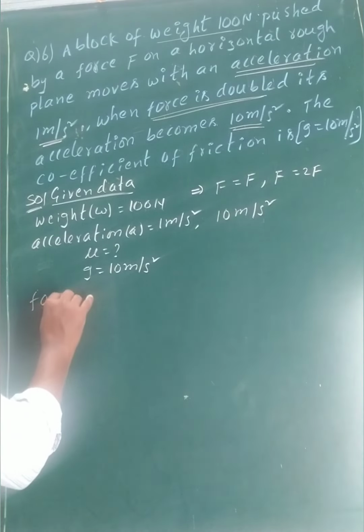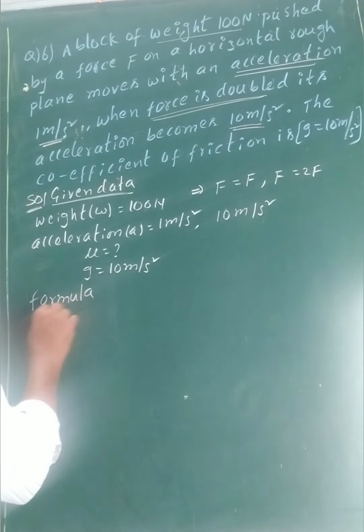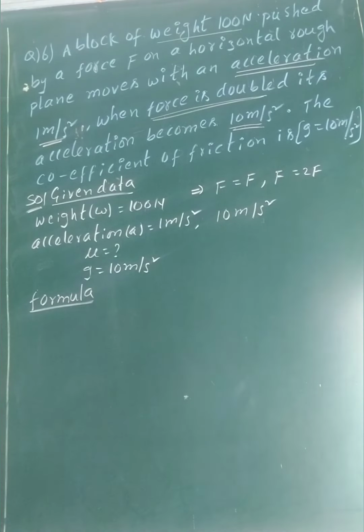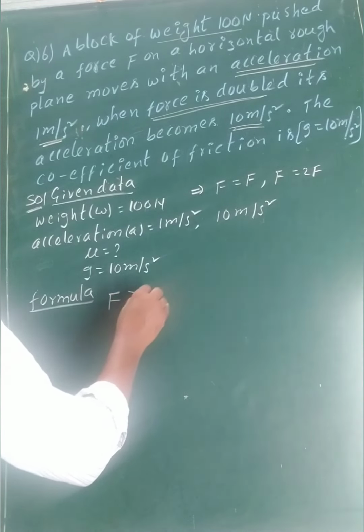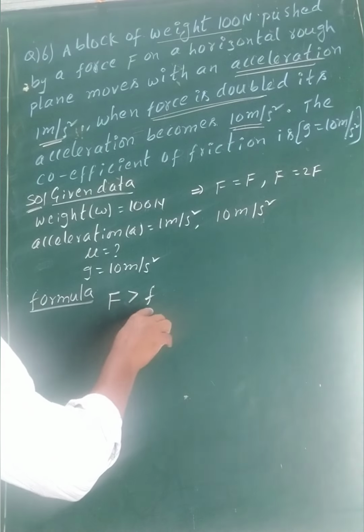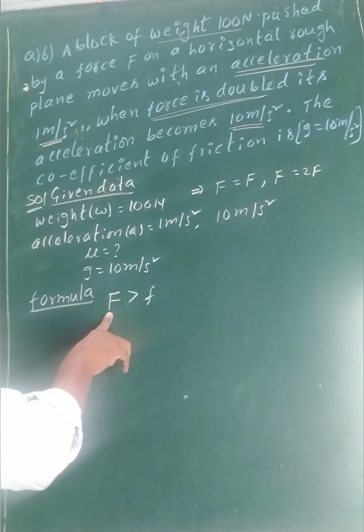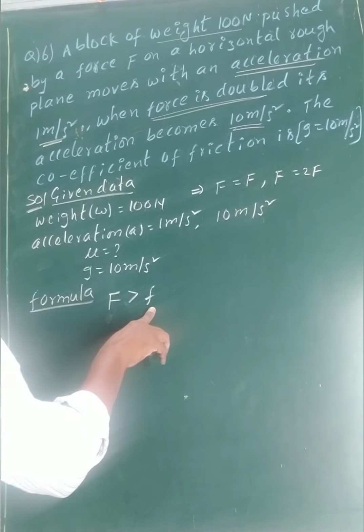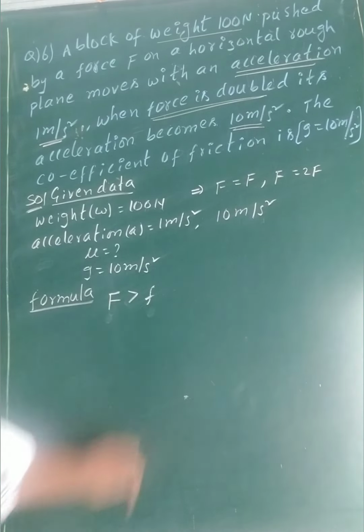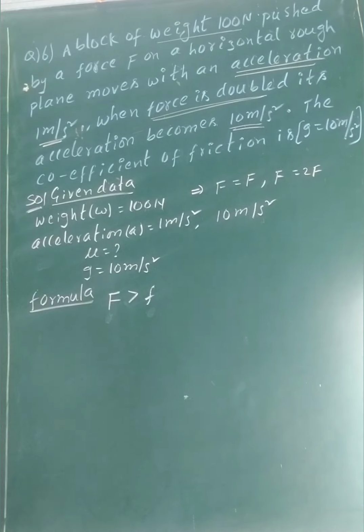Formula. Here, to get an acceleration there is an unbalanced force acting. So here applied force is greater than the frictional force. Capital F means applied force, small f is the frictional force. Applied force is more, frictional force is less, then the block is in motion.